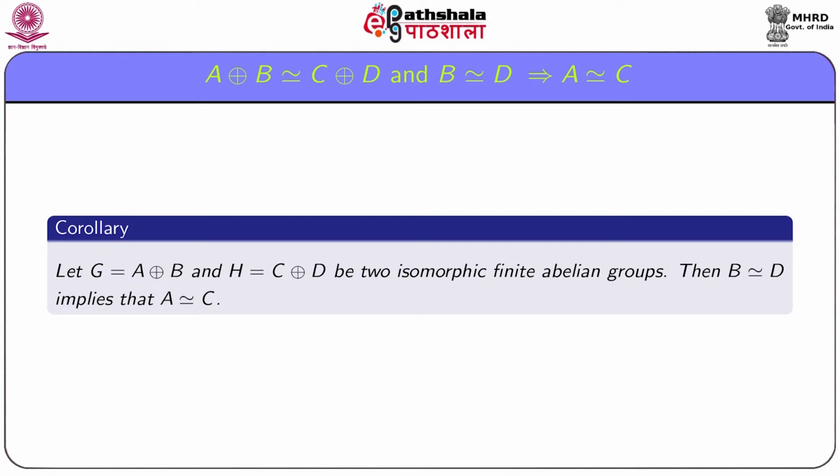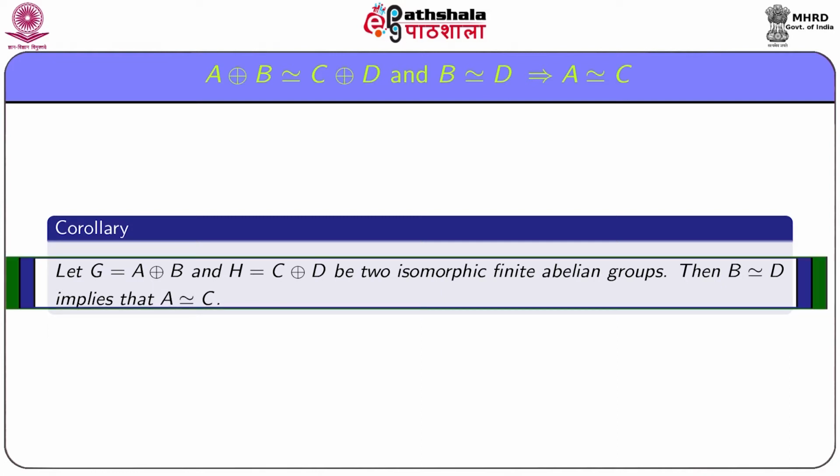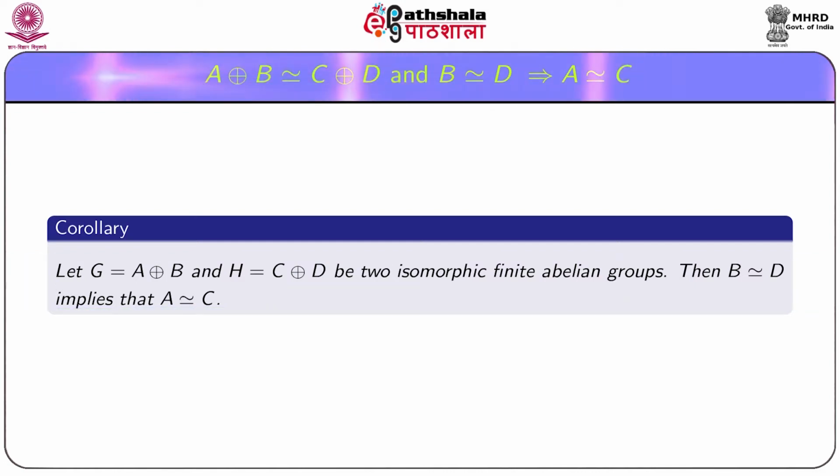Suppose that G is a direct sum of two subgroups A and B, and H is a direct sum of two subgroups C and D. If G and H are isomorphic and the subgroup B is isomorphic to the subgroup D, then the subgroup A must be isomorphic to C. This is a very important result in respect of its application.